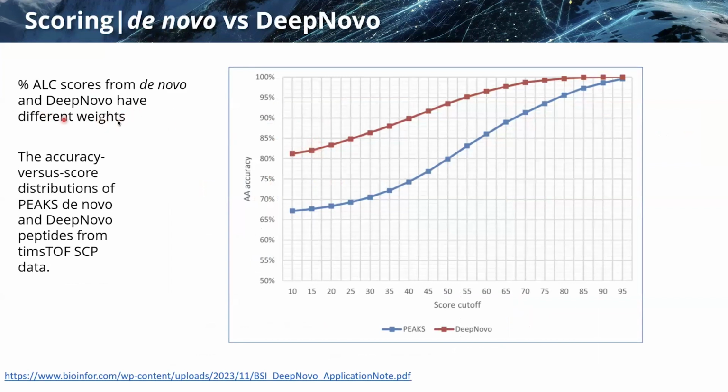Now, while we do report the percent ALC for both DeNovo and DeepNovo sequencing results, these values do have different weights. And to give you an idea, I'm just showing you here a graph from the application note that we published. You can find this through our website in the DeepNovo section.